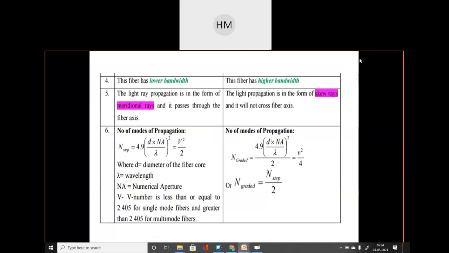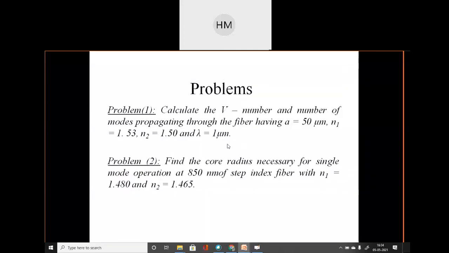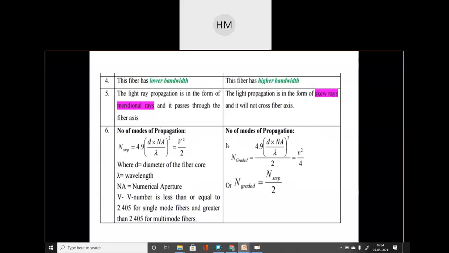Fiber has lower bandwidth, fiber has higher bandwidth. The light propagation is in the form of meridional rays. For step index fiber, generally meridional rays are used for propagation of light. The light propagation is in the form of skew rays and it will not cross the fiber axis.